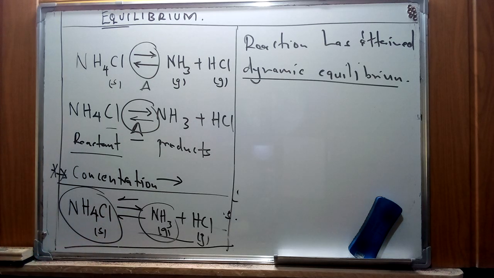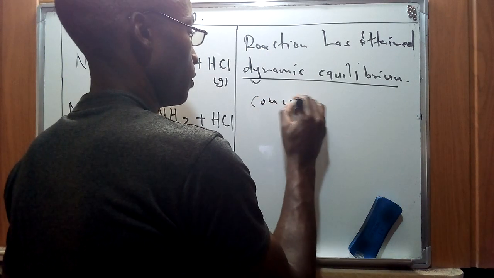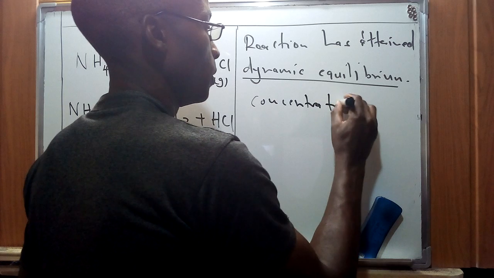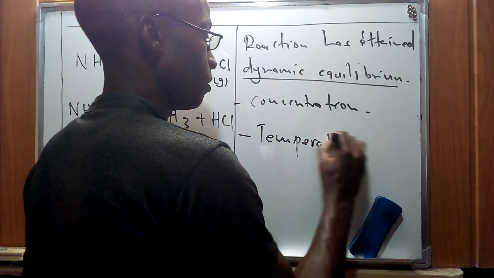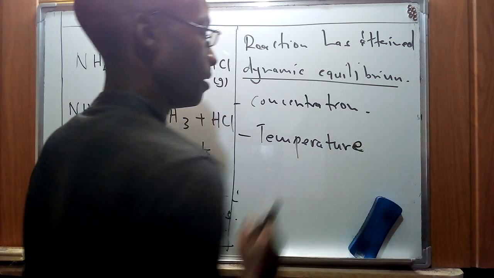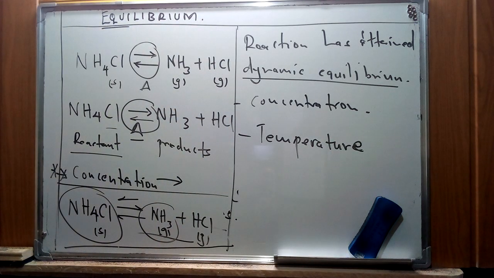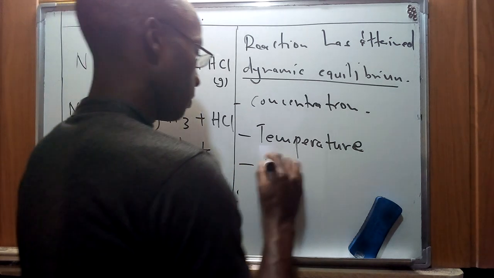And that is what we, of course, are going to refer to as one of the factors that are going to affect this state of equilibrium, altering the concentration of either side for this specific reversible reaction. So in this case, apart from the change in the concentration that we have mentioned, of course, with other factors that I've already said, altering the temperature as well is going to alter the direction of that particular reaction, and as well pressure.